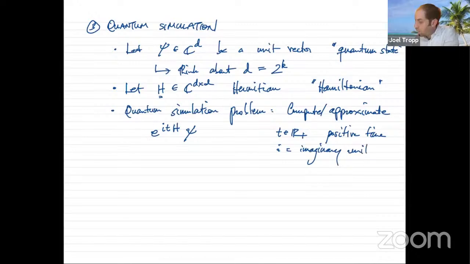So what we want to do here is take this Hamiltonian matrix, multiply it by t, and compute the complex exponential. So this matrix here is a unitary matrix, which evolves with the time t, and we want to apply that unitary matrix to this vector psi.